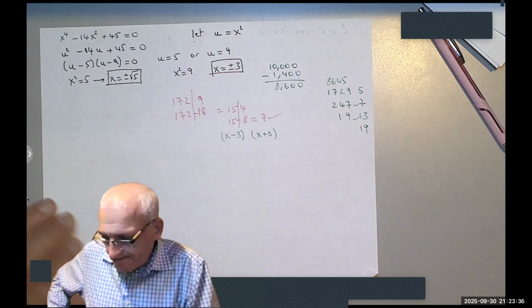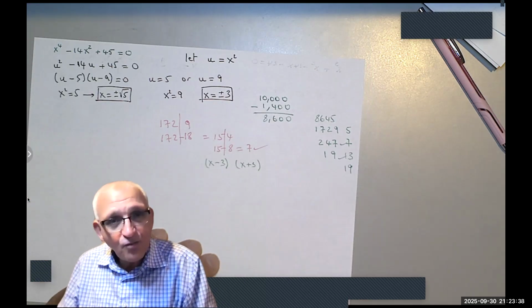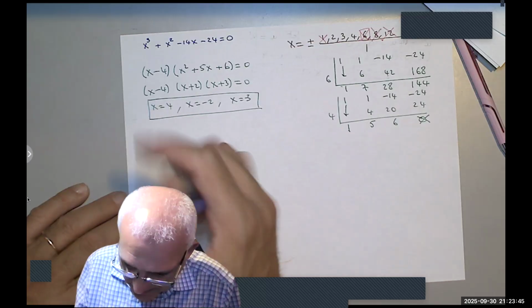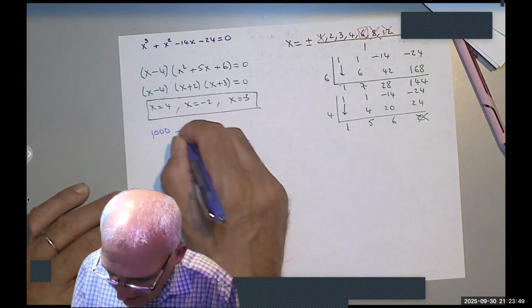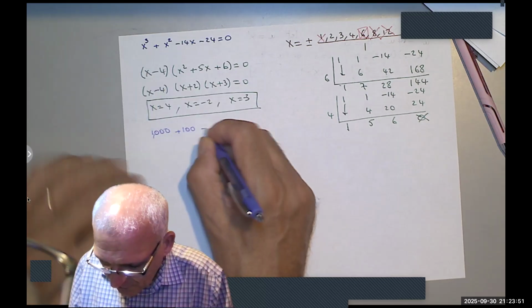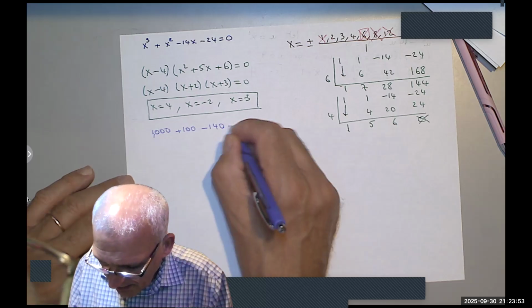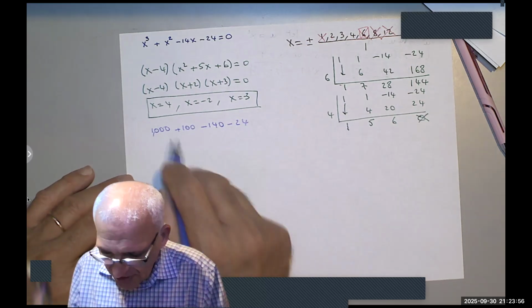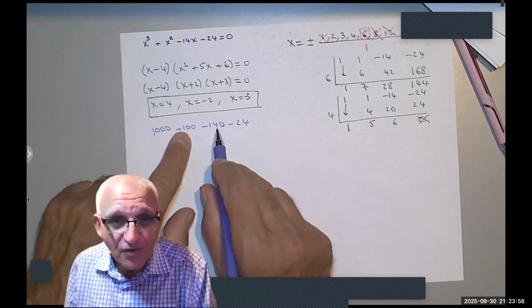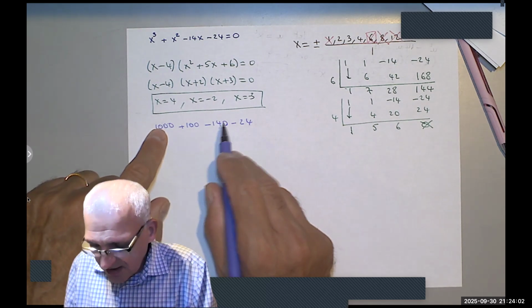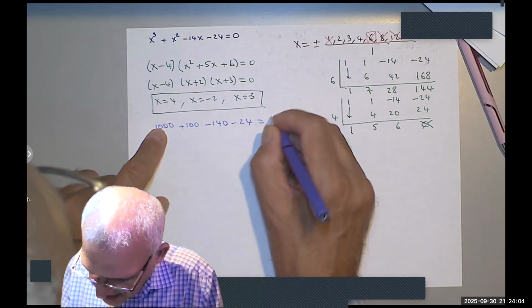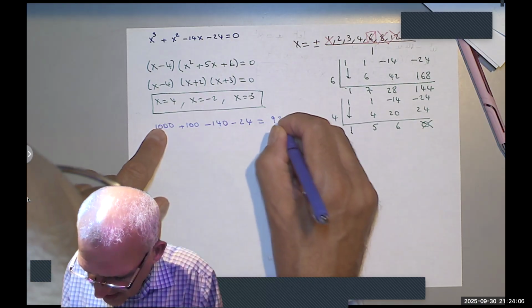Okay. So it didn't work quite well for this one. Let's move to the last one. 1000 plus 100 minus 140, so 100 minus 140 is negative 40. 1000 minus 40 is 960. 960 minus 24 is 936.